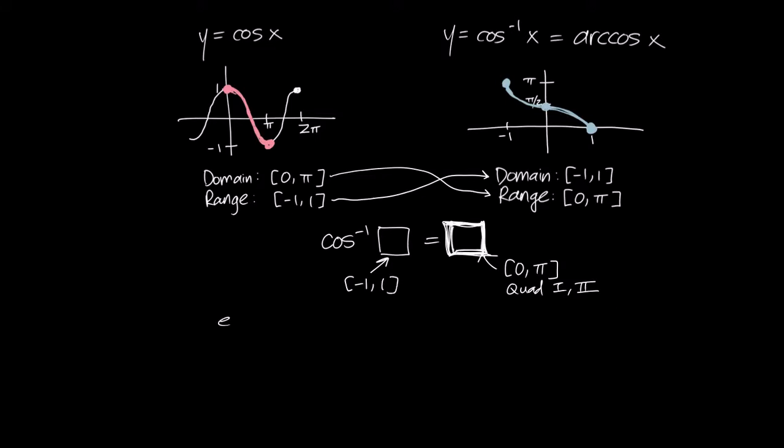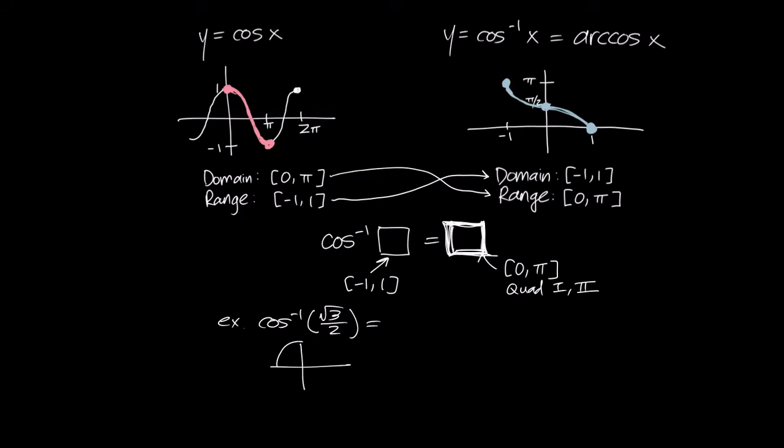And so examples. Okay, if I do inverse cosine of root 3 over 2, I think, what angle in the first or second quadrant would have root 3 over 2 as a cosine value?